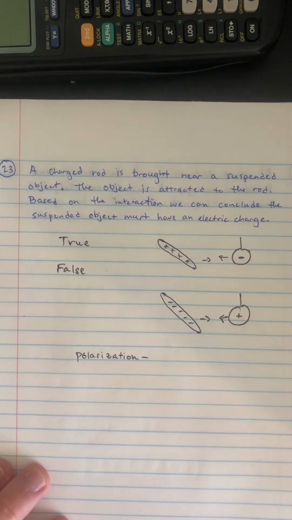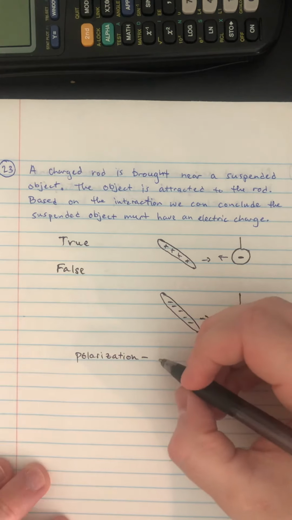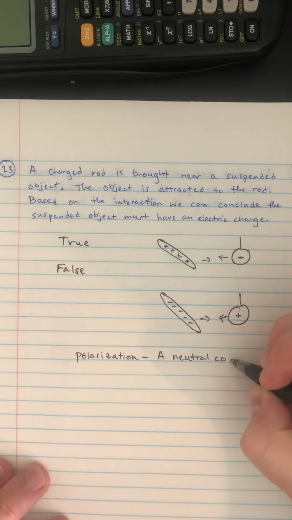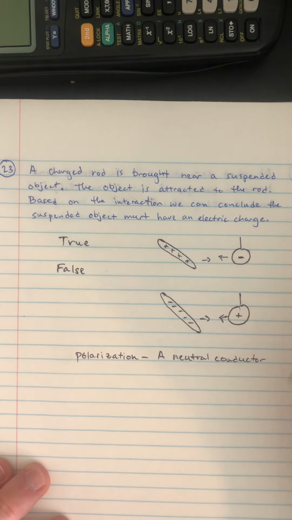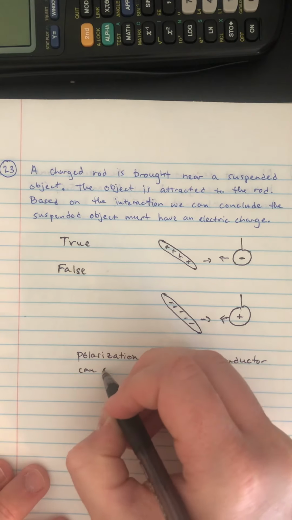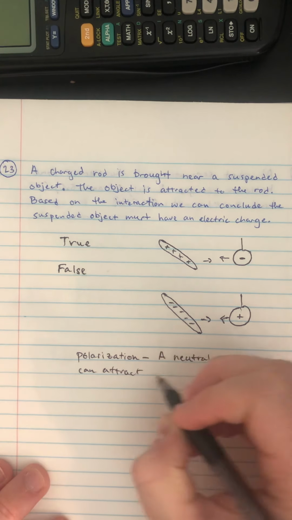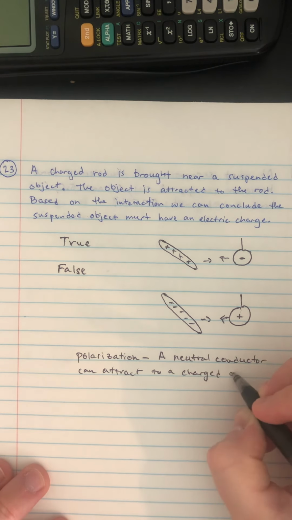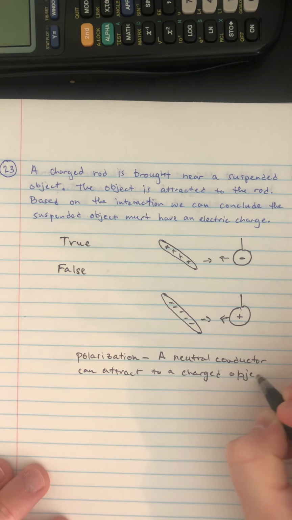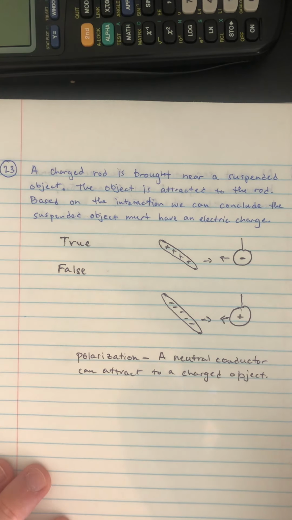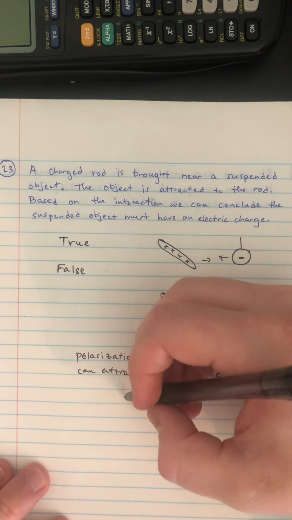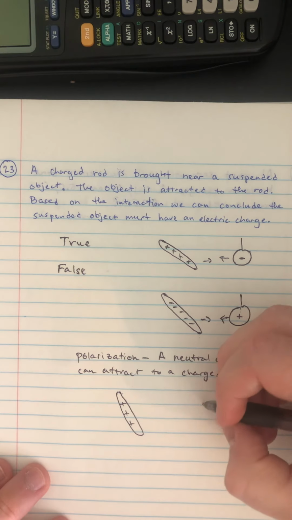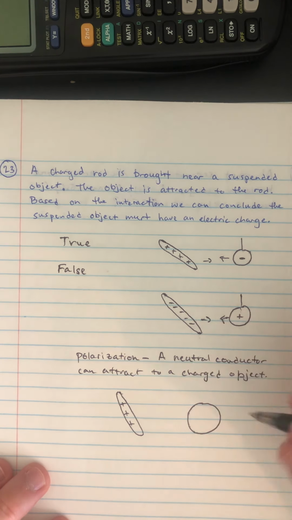Right? And we talked about polarization in the PowerPoint. In polarization, a neutral object or a neutral conductor can attract to a charged object. So because of polarization, we could have a scenario like this where we had something that's positive and something that was initially neutral, right?